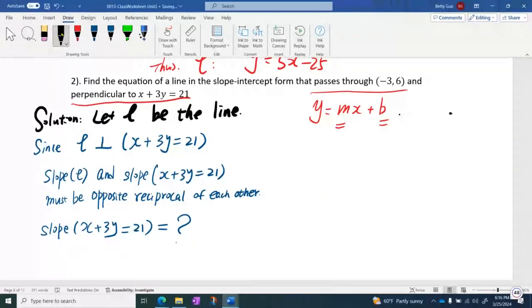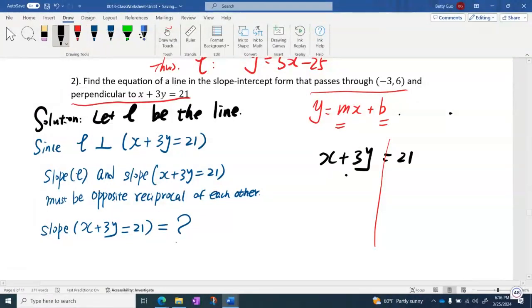The equation is x plus 3y equals 21, right? And how do we find the slope? One method is to rewrite the equation in slope-intercept form. We are going to solve the equation for y, because in slope-intercept form, the variable y is isolated on the left side.